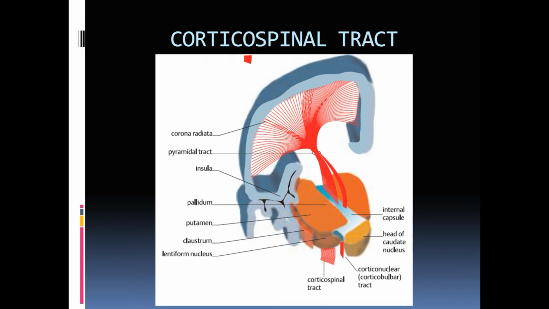30% of its neurons come from the premotor and supplementary motor areas, and the rest, 40%, come from the somatosensory areas.